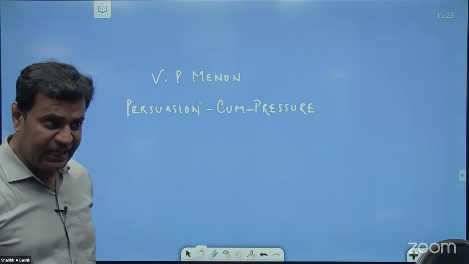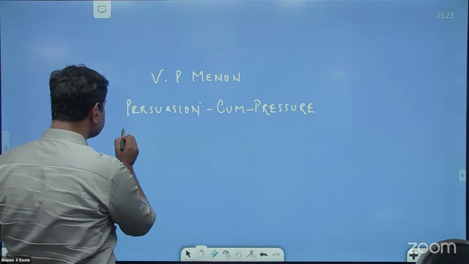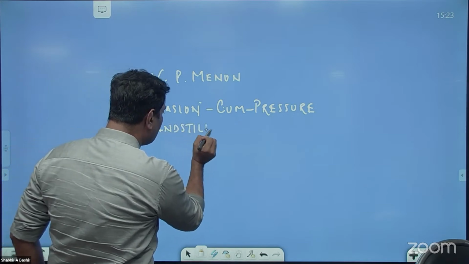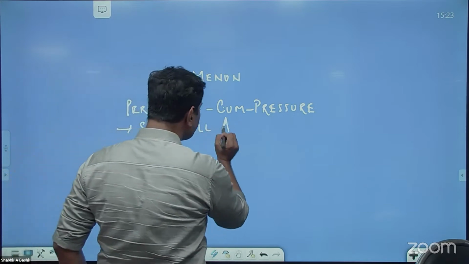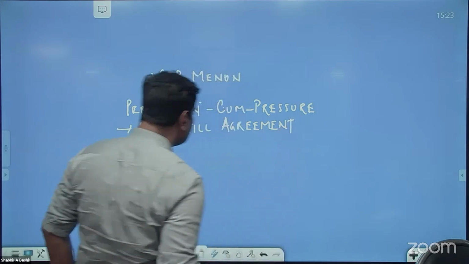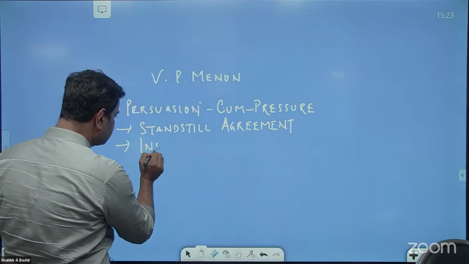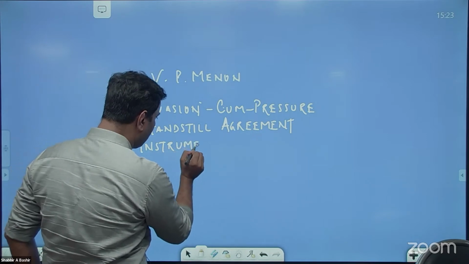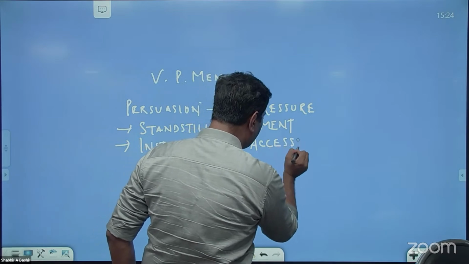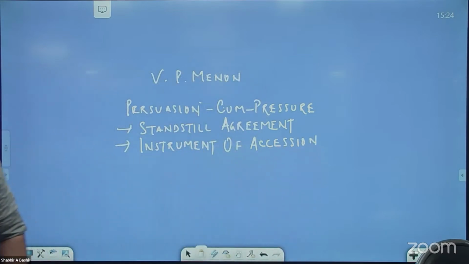Two major documents were prepared to ensure this process, in the form of the standstill agreement and the instrument of accession.